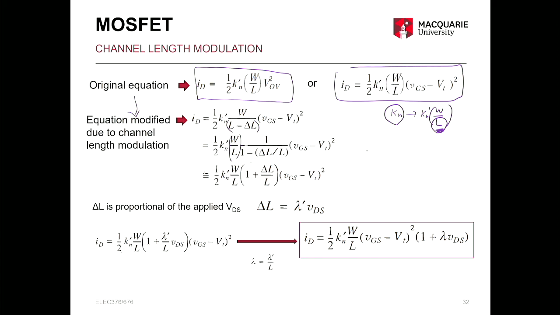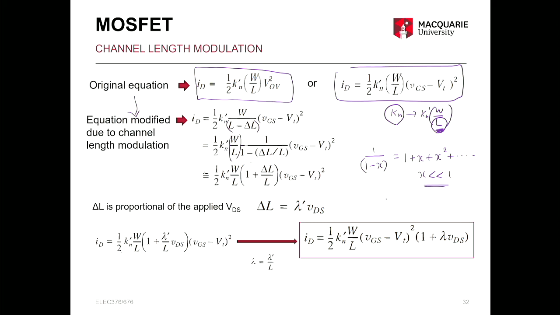The mathematical equation you need to remember here is that 1 divided by (1 minus x) can be expanded as 1 plus x plus x squared etc., if x is much less than 1. That's the condition: x should be much less than 1. That's a mathematical formula that people use in number theory.